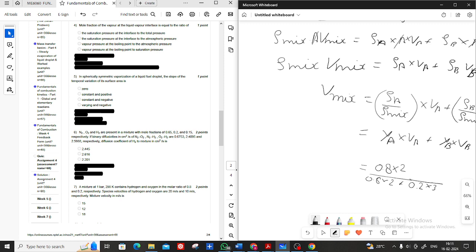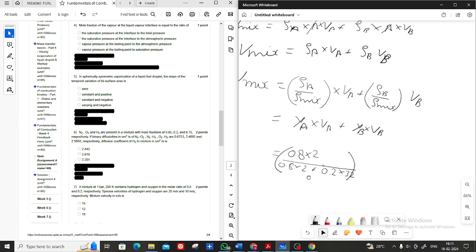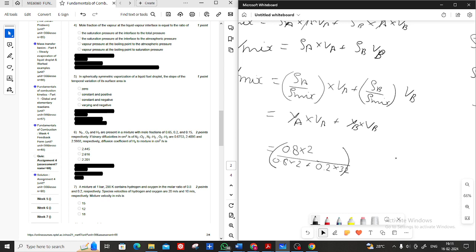O2 molecular weight is 32. Now you multiply with the velocity. What is the velocity they have given? 20, right? 20 plus, similarly you calculate the mass fraction of oxygen.